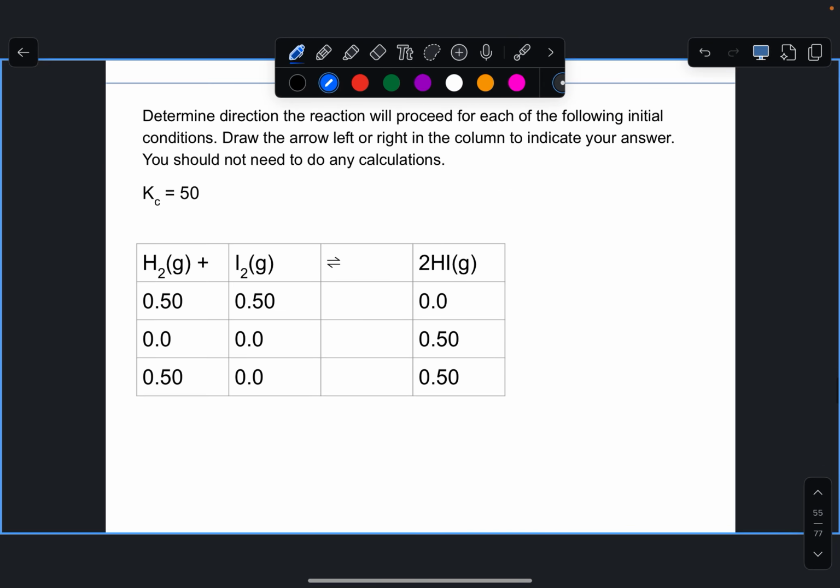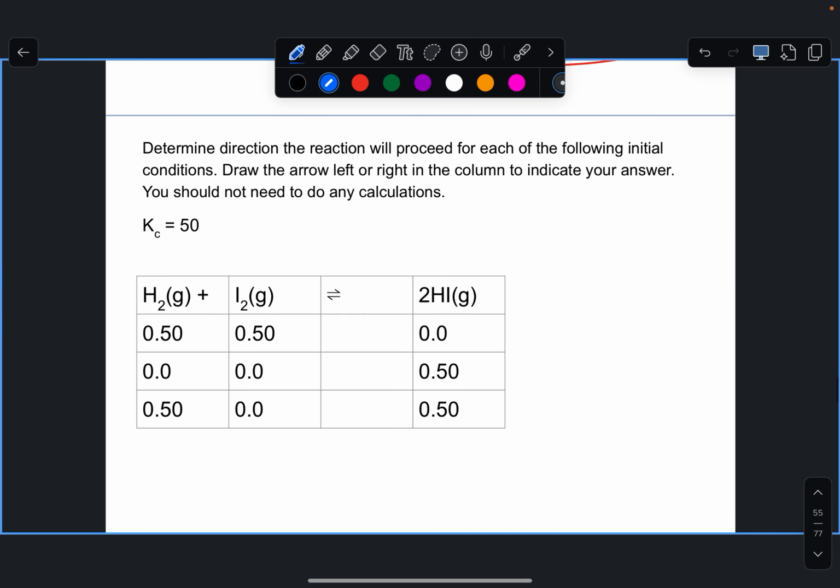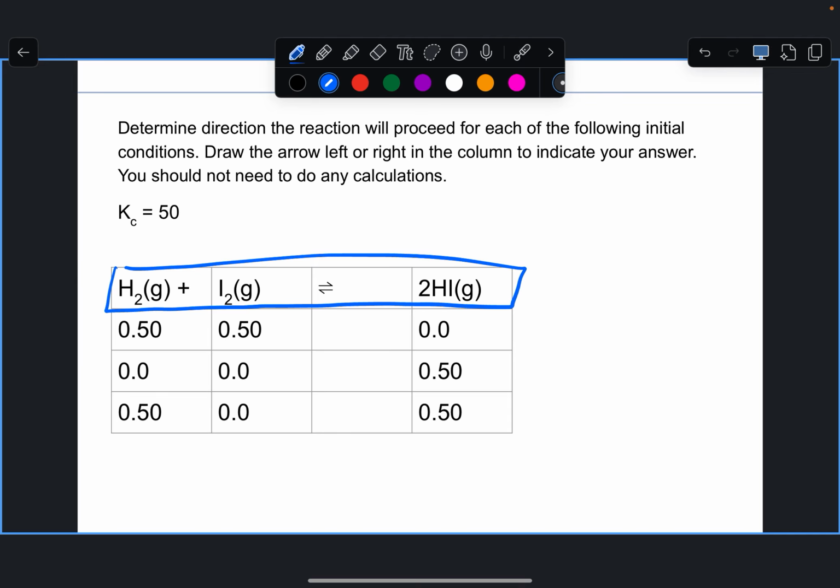Okay, so I want you to go to this next page. In this one, this reaction here, these that are listed here are initial amounts. And what we want to talk about is which direction does the reaction proceed?